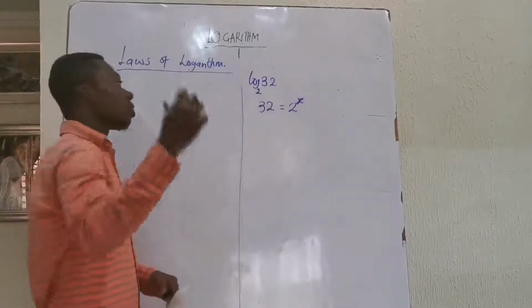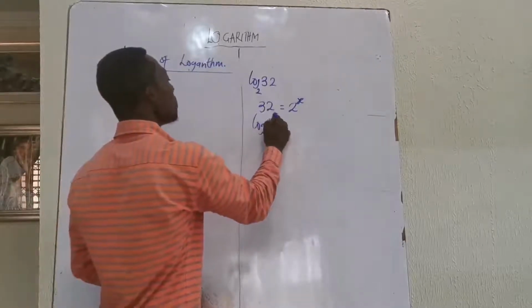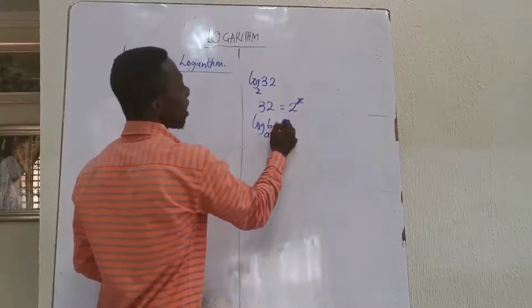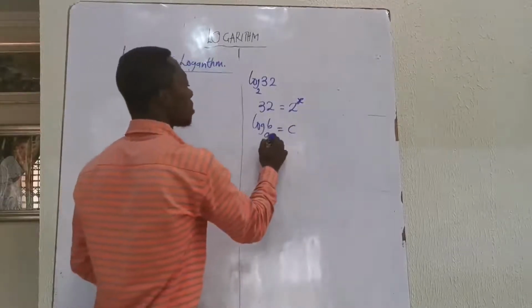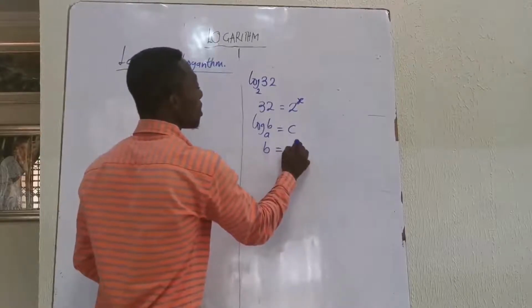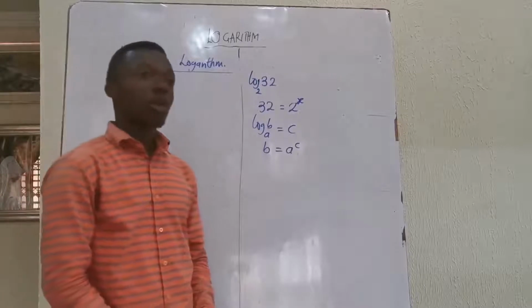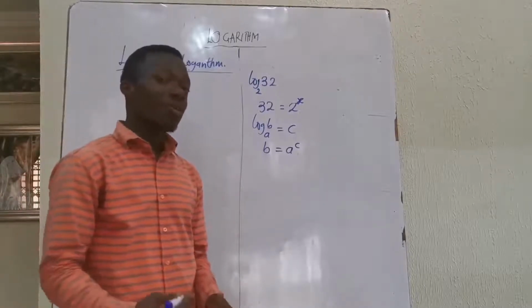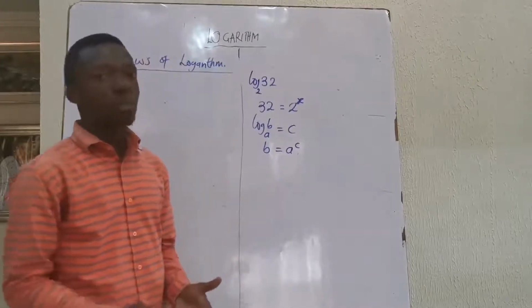So in general, if I have log of b to the base of a, that should give me c. And for me to get b, it is going to be a to the power of c. So that's the whole approach when it comes to logarithm. Logarithm and indices are related, so if you understand the concept of indices, it becomes simple for us.